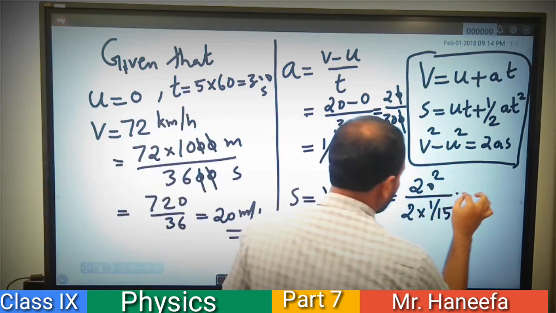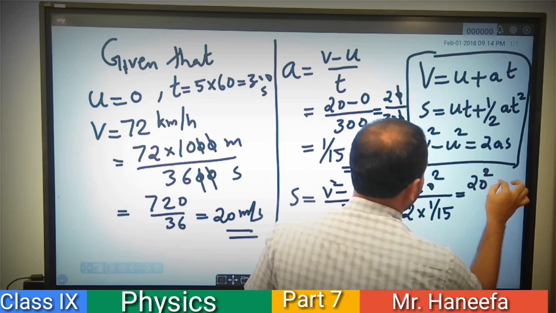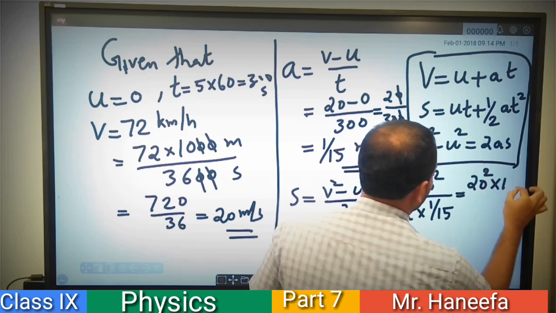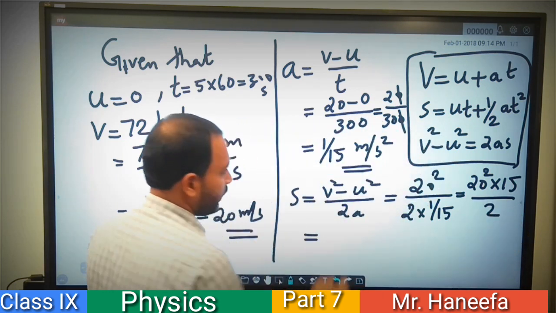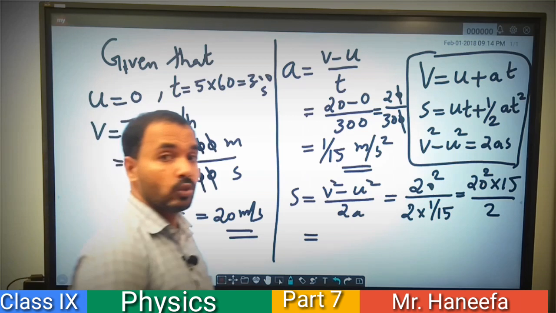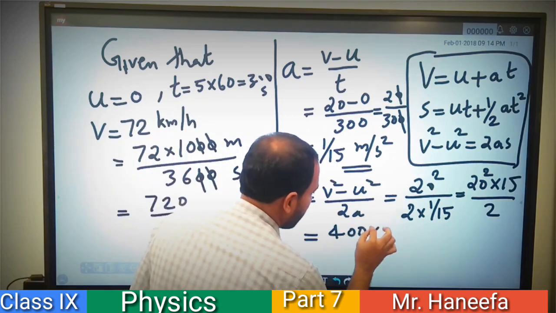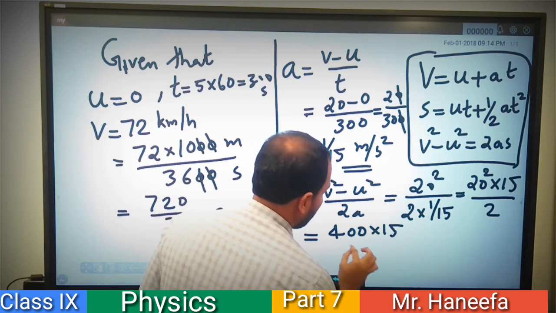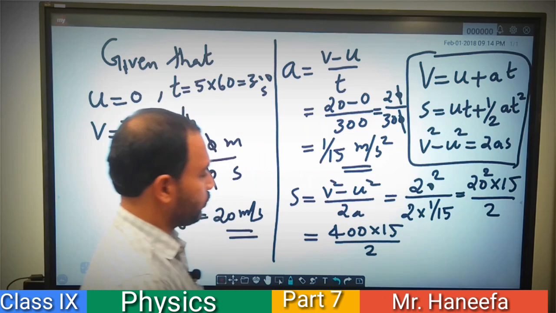That is equal to 20 square into 15 divided by 2. What is 20 square? 20 square is 400, into 15 divided by 2.